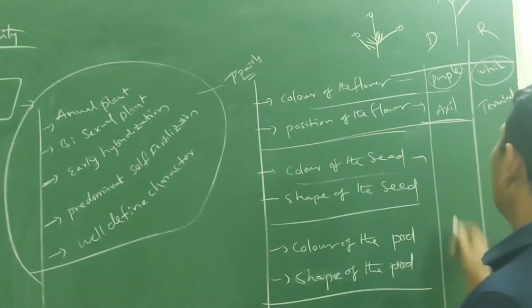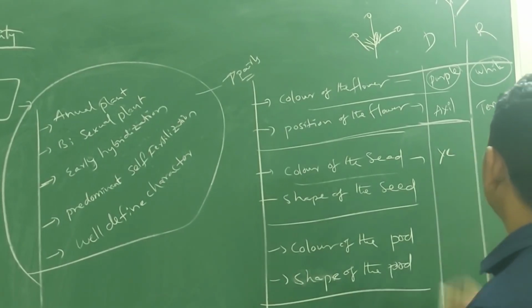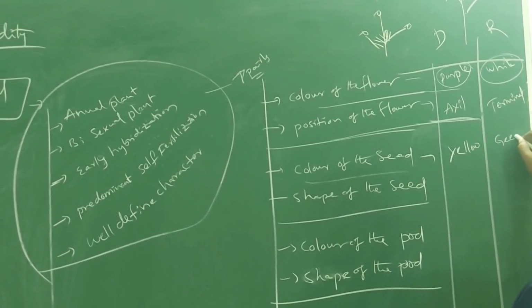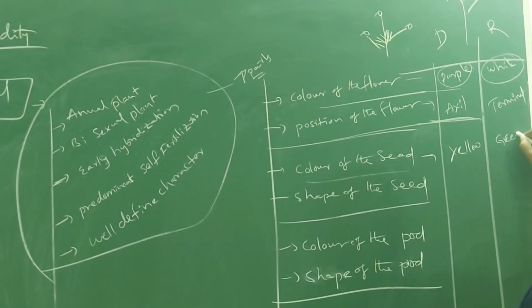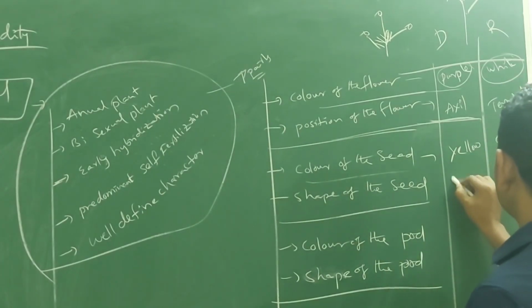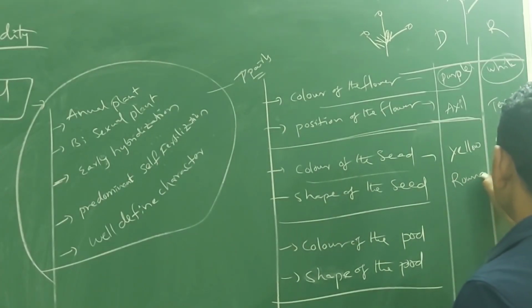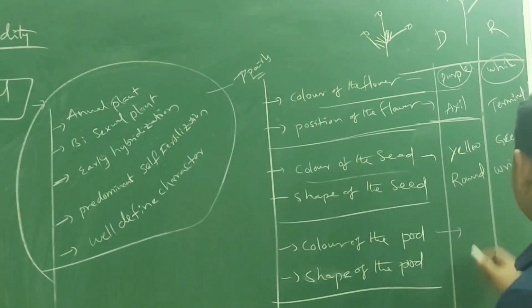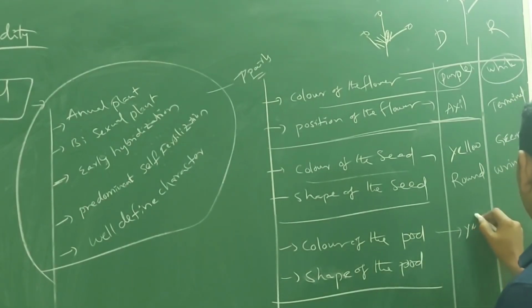Okay, so color of the seed, yellow is dominant, green is recessive. Shape of the seed, round is dominant, wrinkled is recessive. Color of the pod, yellow is dominant, green is recessive.